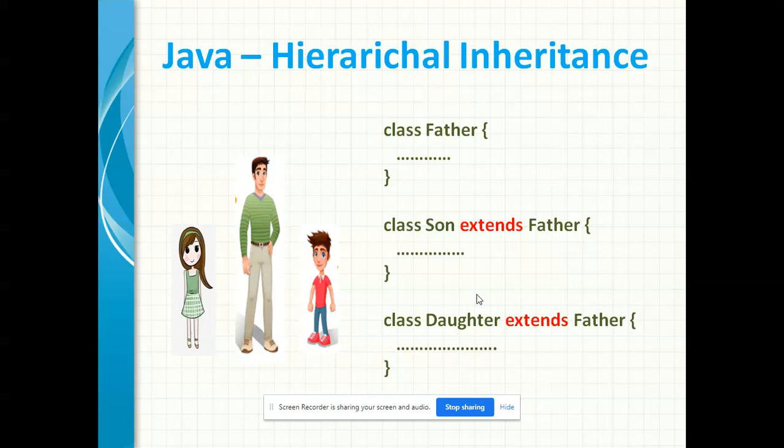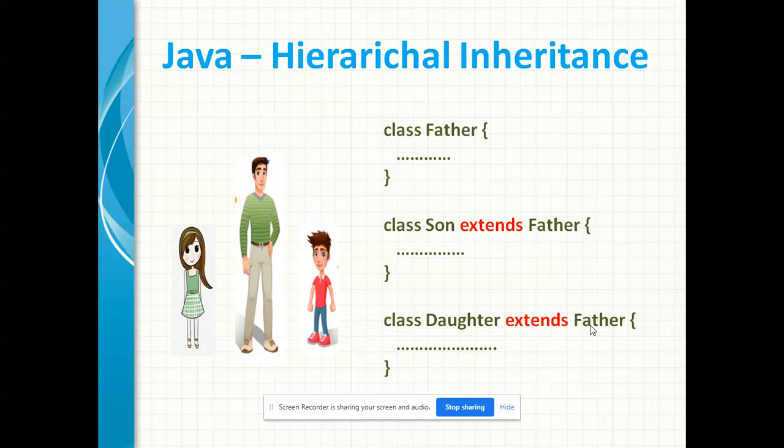So finally, son is getting functionality from father. The same way, on the other hand, daughter is also getting functionality from father. But you can see there is no inheritance between son and daughter. It's an inheritance between son and father as well as daughter and father. So that's why I'm saying son extends father. Also, daughter is extending father. I'm not saying that daughter extends son or son extends daughter.